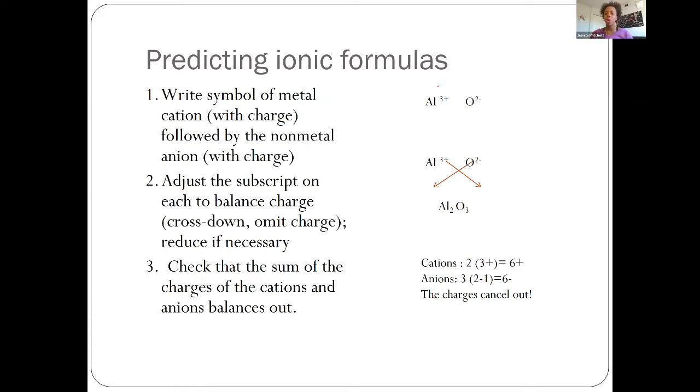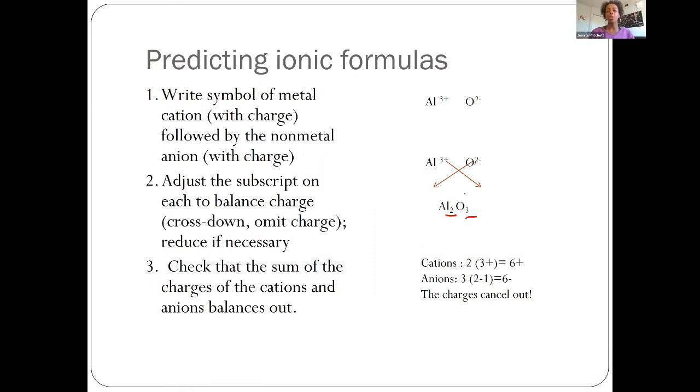The best way to do that is to first assign the charges and then crisscross down, placing the number behind the opposite element as the subscript. You see the 2 comes down here with aluminum, the 3 comes down here with oxygen. That tells me how many atoms I need to multiply that charge by to balance it out.